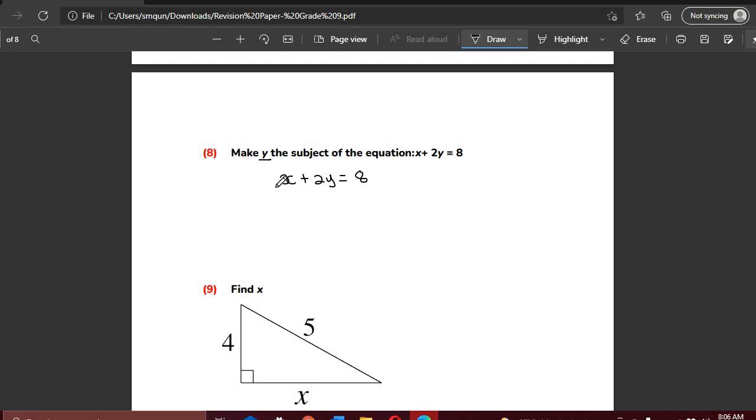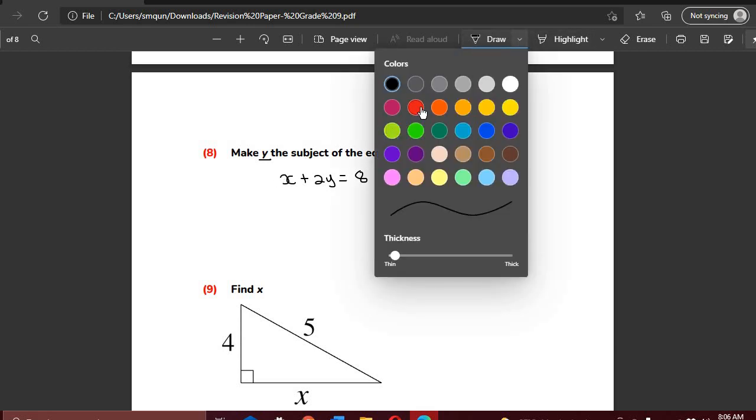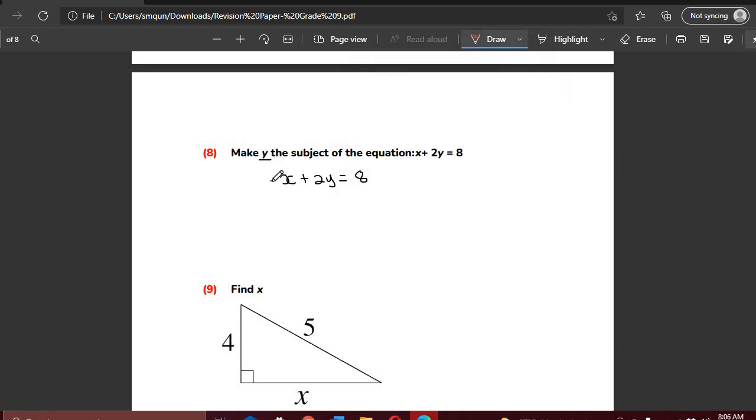Seeing that it is positive, I'm going to do the opposite, which is subtract, and I'm going to subtract x. Once you've done that, you've cancelled out this variable from this side. Anything you do to one side, you have to do the same thing to the other side of your equation. So we're going to end up with that.